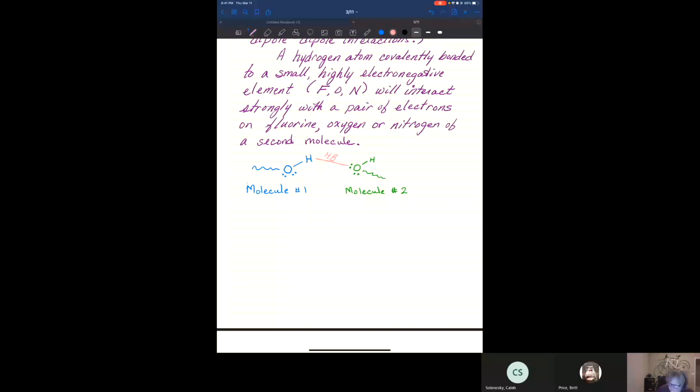And sometimes rather than draw it just as a line, we'll have a tendency to draw dots. So there's your HB interaction.